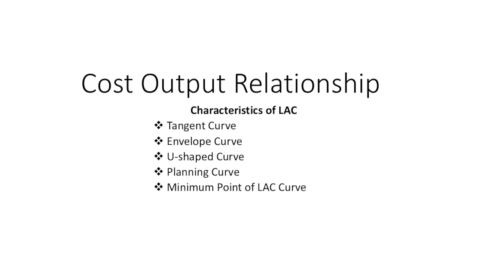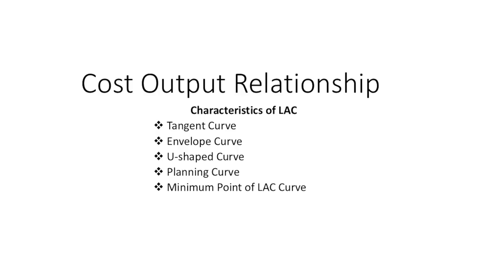Optimal scale plant is that size where the minimum point of short run average cost is tangential to the minimum point of long run average cost. This is an important point to note.